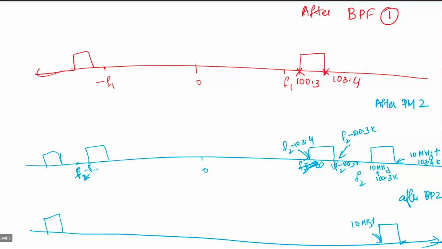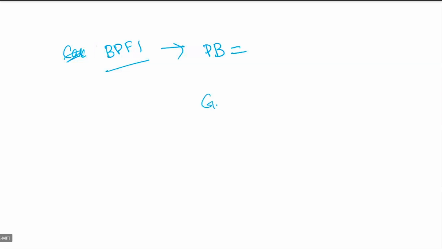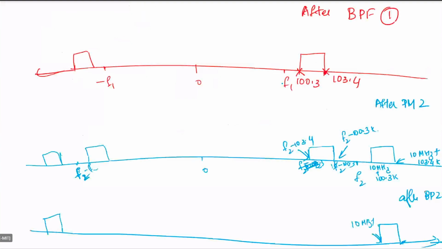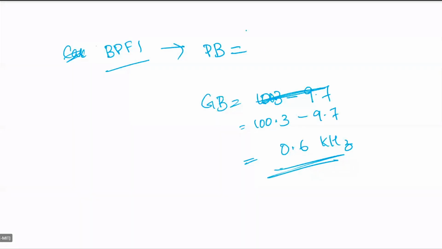In this case, the guard band should be 100.3 minus 9.7, which is equal to 0.6 kilohertz.